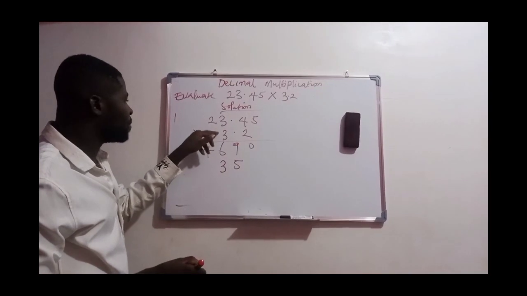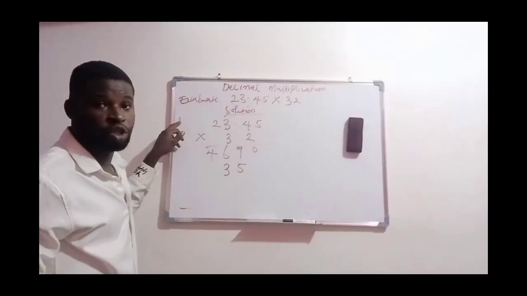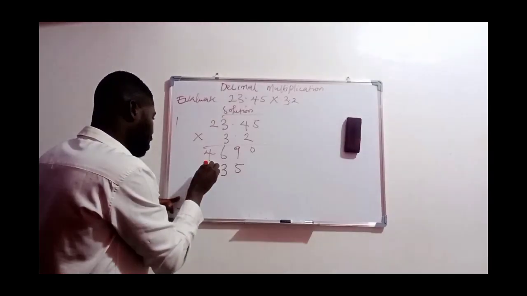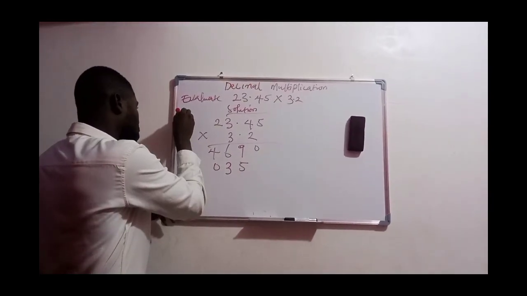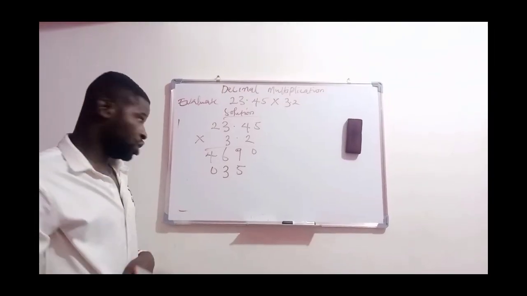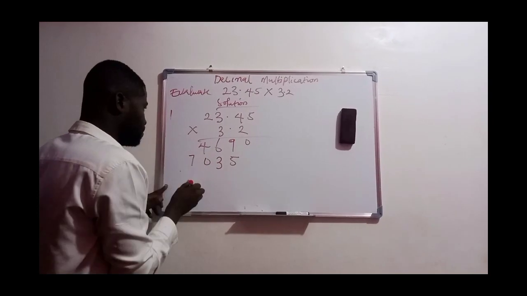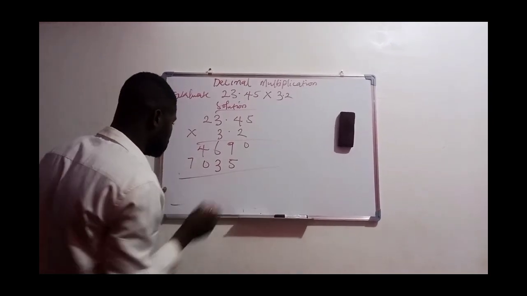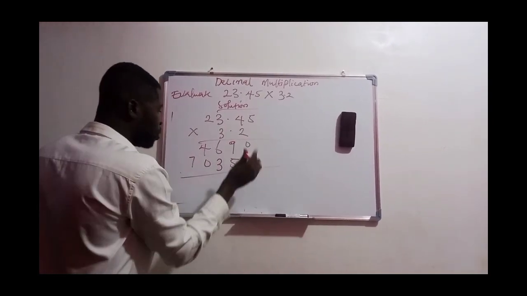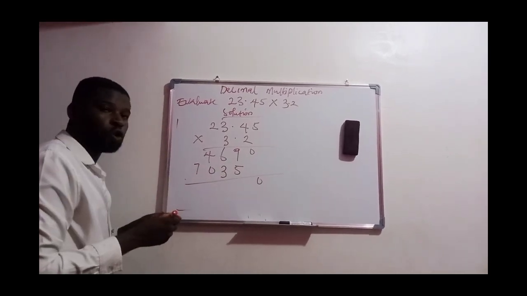Now, 3 multiplied by 3 is equal to 9 plus this one here, it will be equal to 10. You write 0, remainder 1. 3 multiplied by 2 is equal to 6 plus 1, it will now be equal to 7. Now, what do we do from this point? You say 0, you bring it back. 9 plus 5 is equal to 14.